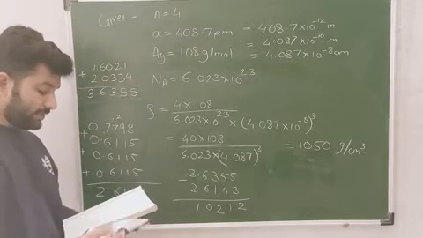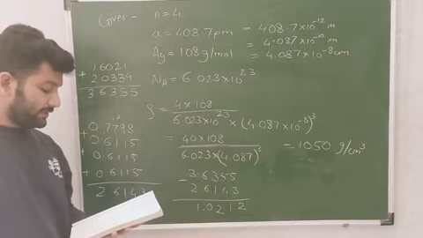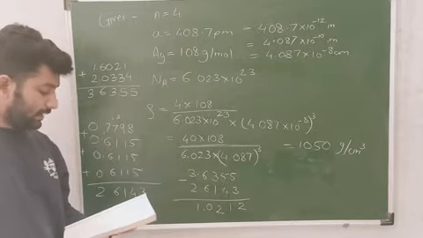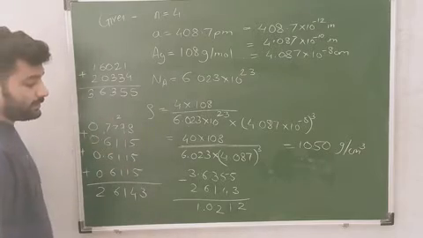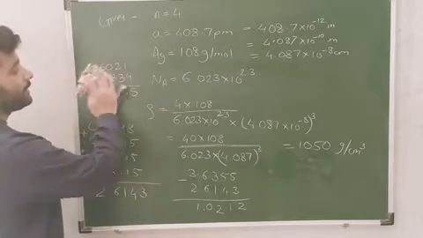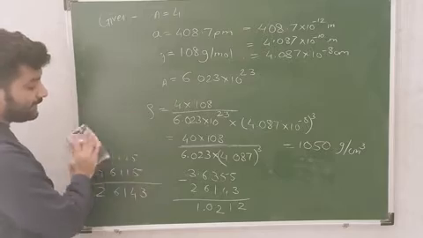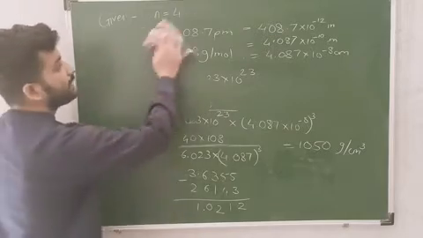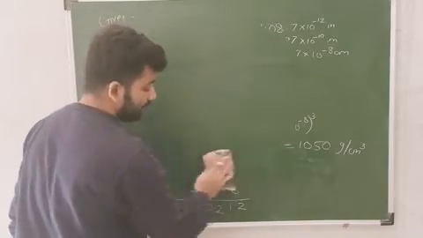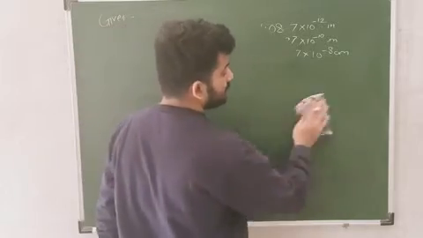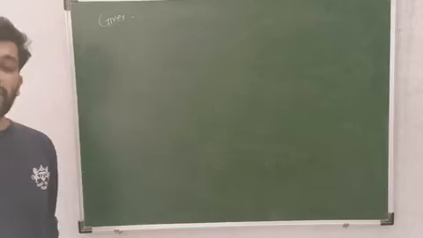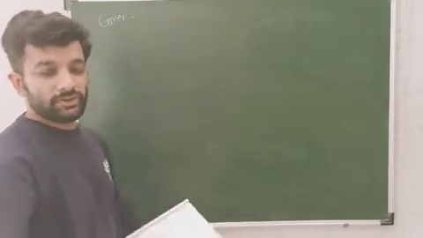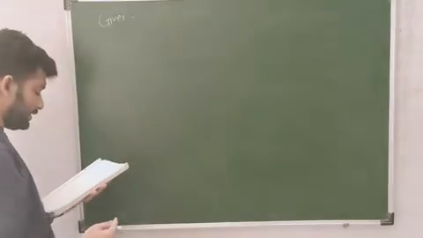Find the atomic radius of gold. Now we have to find out the radius r of that atom. So to find r, we will first need to find the value of a, and from that value of a, we will find the value of r.